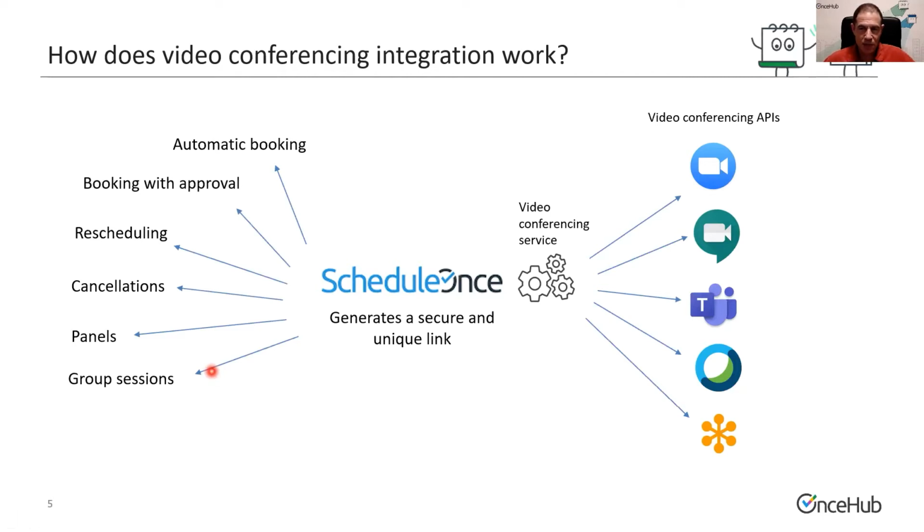This is like a webinar, so this is supported as well. And session packages, this is where a customer or a prospect books more than one session in one go, and each session will have its own unique video conferencing link, and it can also be canceled or rescheduled, so this is also fully supported. And also payment integration is supported with video conferencing. So everything is supported.